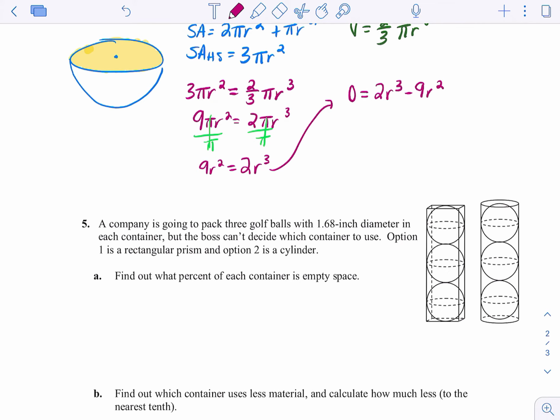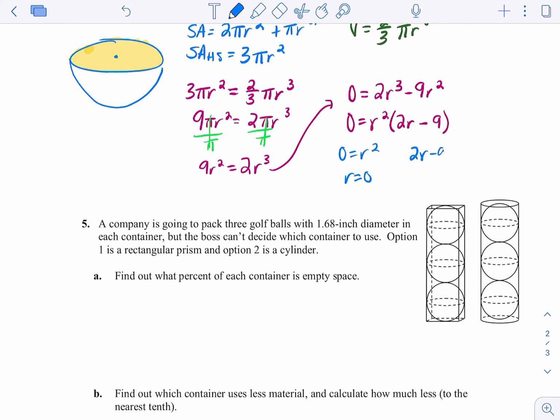Now this time, 2 and 9 have no common factors, no common multiples. And so I can only factor out the r squared that is in common. So that makes this 0 equals r squared times what's left over, 2r minus 9. That term out front, we can set it equal to 0. It's still going to give us a radius of 0.